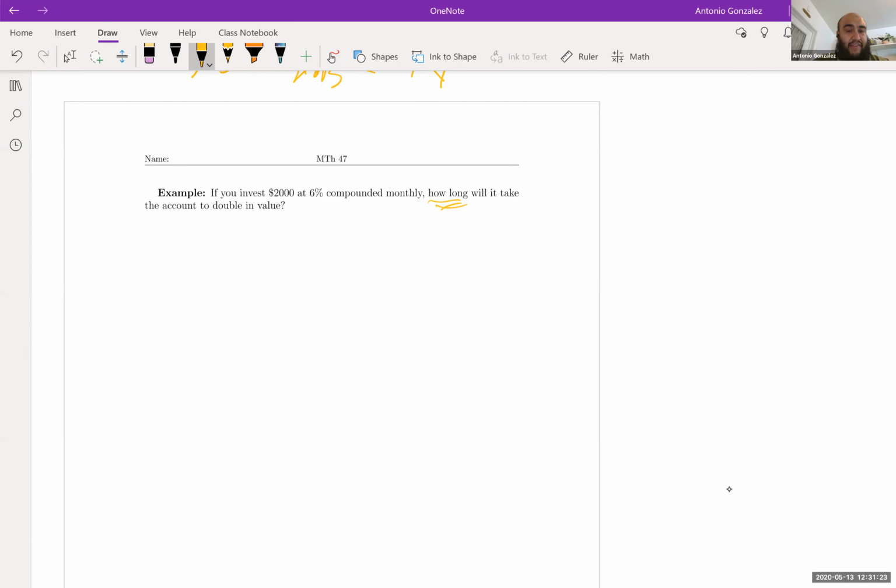All right, so if you invest 2,000, now which formula am I using here? First step, right? Always identify what is the formula that we're using. Now, based on just the context clues here, it looks like I make one initial deposit of $2,000, right? It just says you invest $2,000.